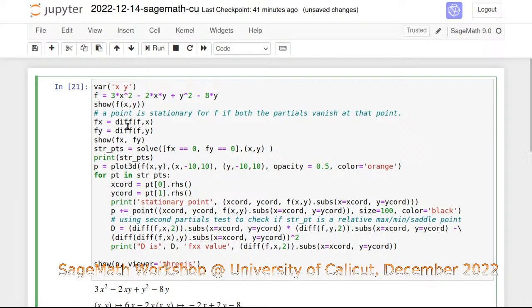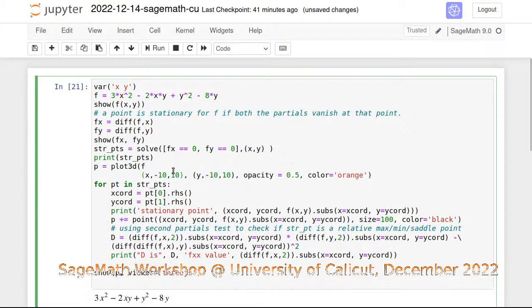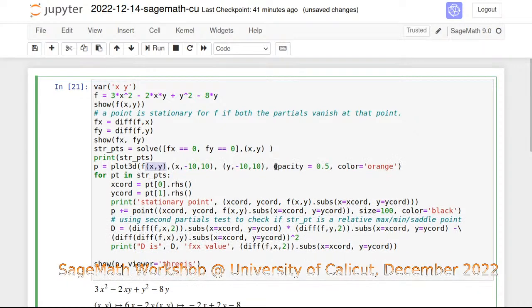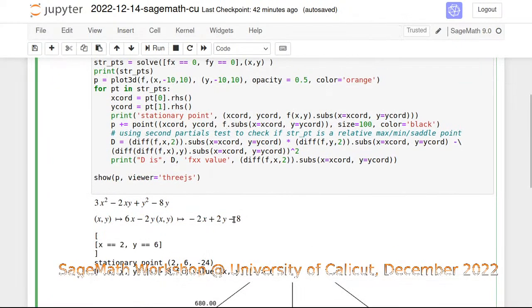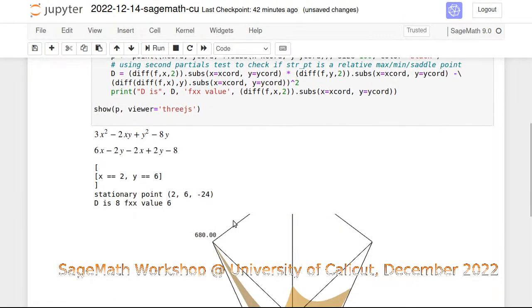No need to use fxy everywhere, I can simply drop that. I think this is good enough. I'm dropping fxy here also. That's why this xy was appearing everywhere.